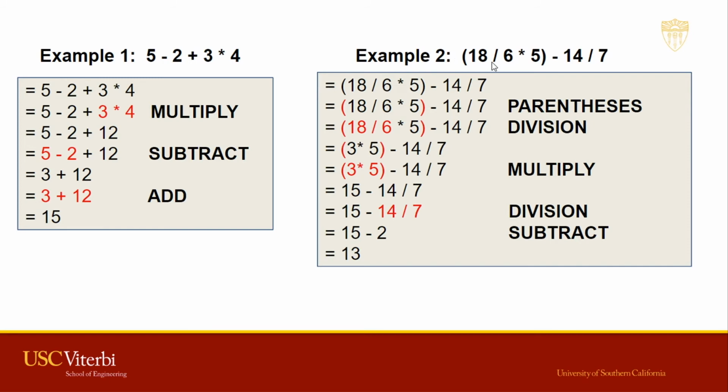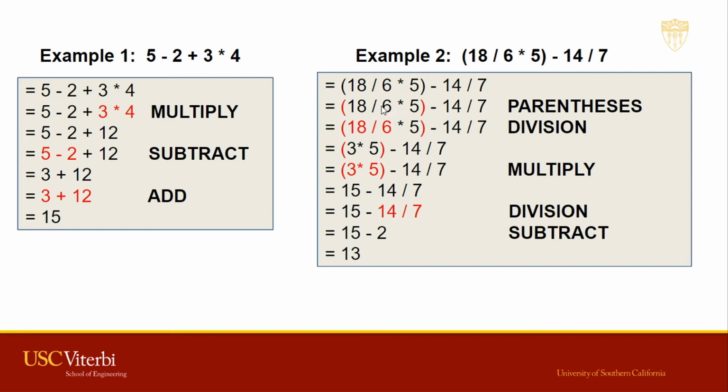In the second example on the right, we have parentheses. So we solve whatever is inside the parentheses first. The first thing we see is a division. Division and multiplication are also on the same level of precedence, but whichever appears first from left to right, we perform that first.